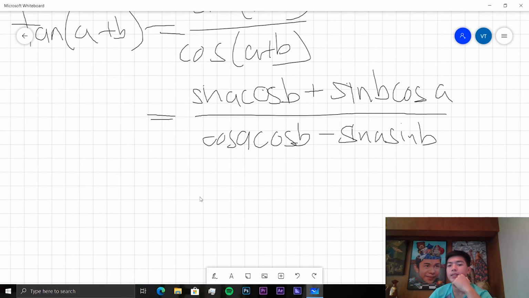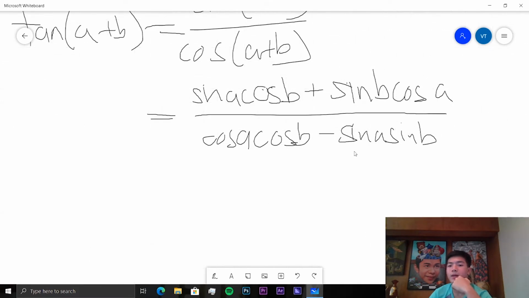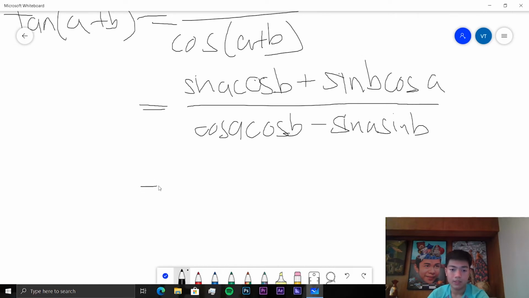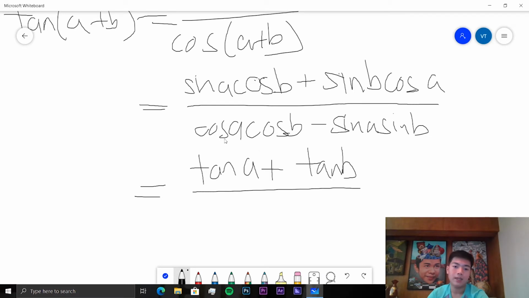The next step is to divide both the top and bottom by cosine A cosine B. This is equal to tan A plus tan B, since sine A cosine B over cosine A cosine B is tangent A, all over cosine A cosine B over the same thing is 1, and sine A sine B over the same thing is tan A tan B. So it's 1 minus tan A tan B. That's how we prove it.